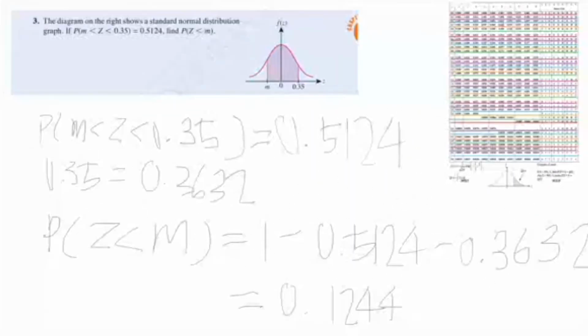So since the graph distribution is at the center, that means there are two answers. So we must use 1 minus 0.5124 minus 0.3632 equals 0.1244. That's all.